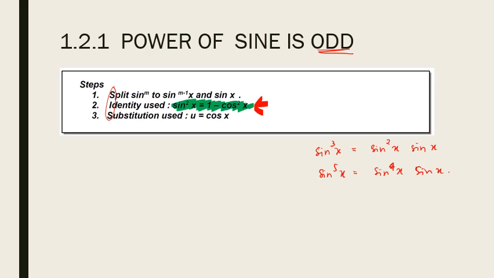Next, step 3, substitution use. Then we use the substitution u equal to cos x. So the substitution is u equal to cos x. This is the step to evaluate the function.